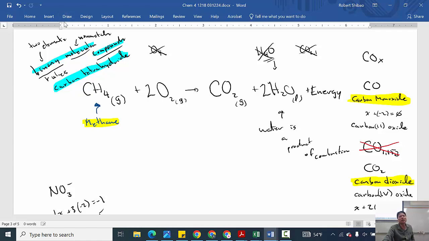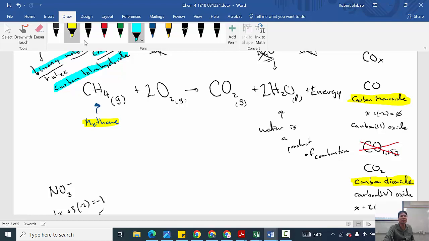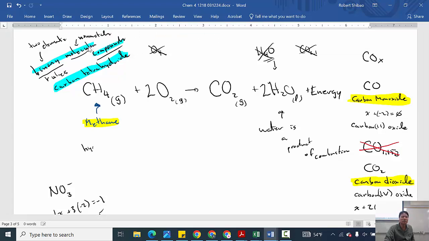But it also depends on how you want to name this. We could also name this hydrogen carbide. That would be an alternate name.